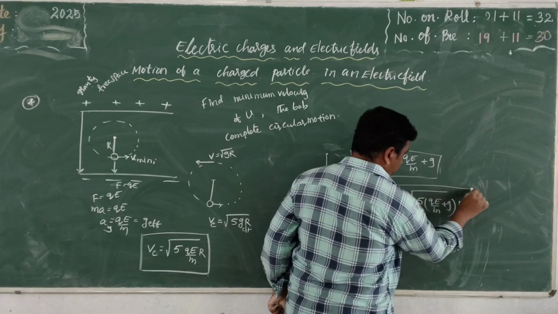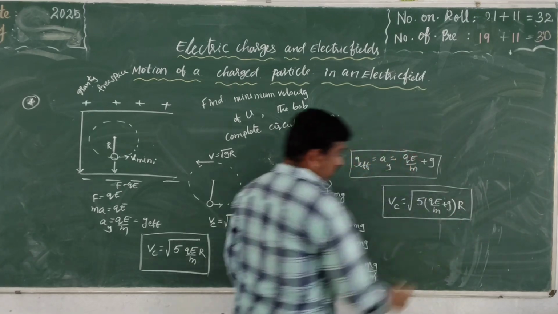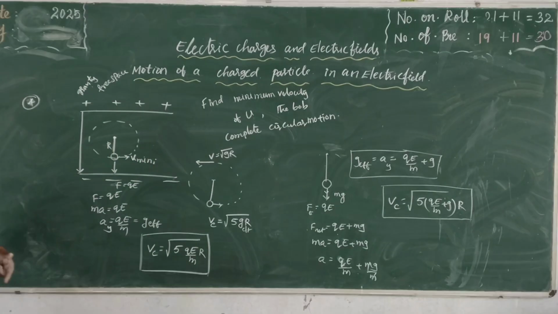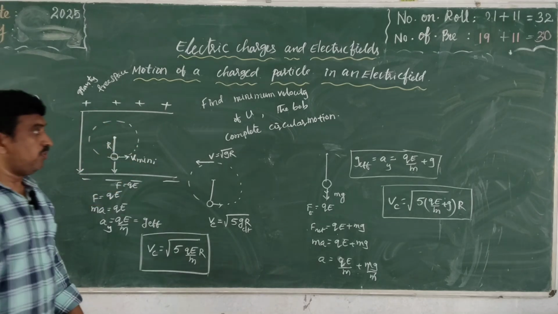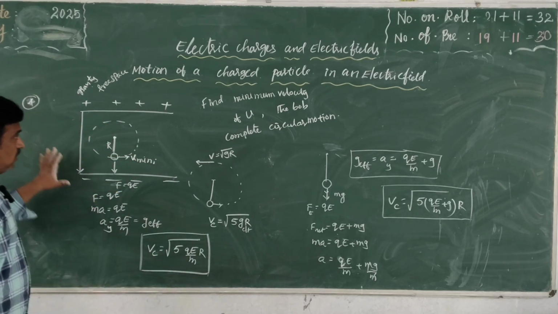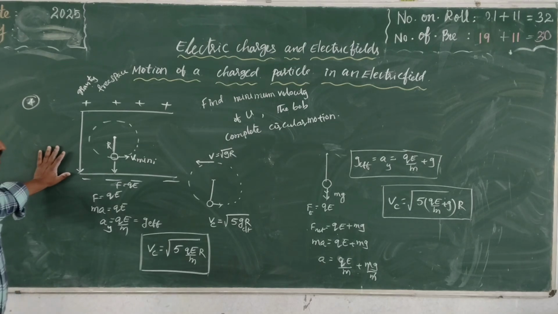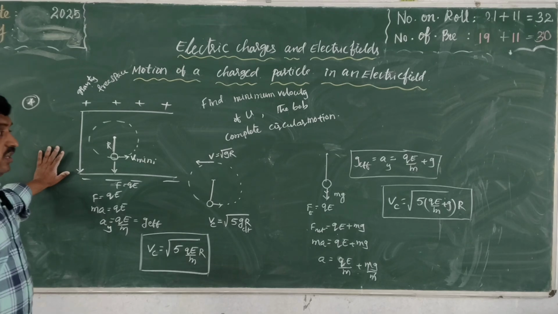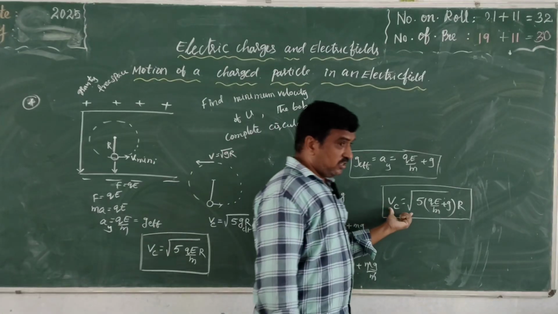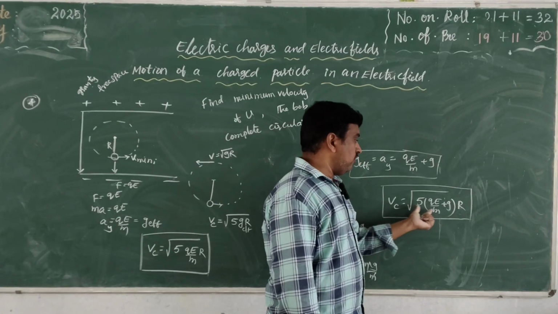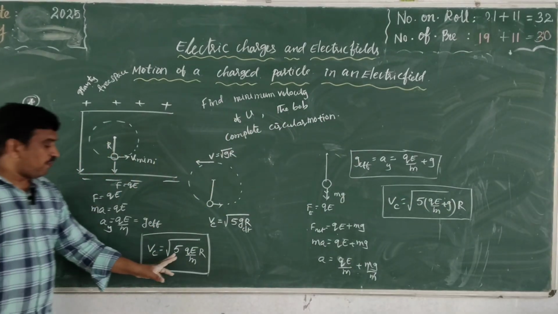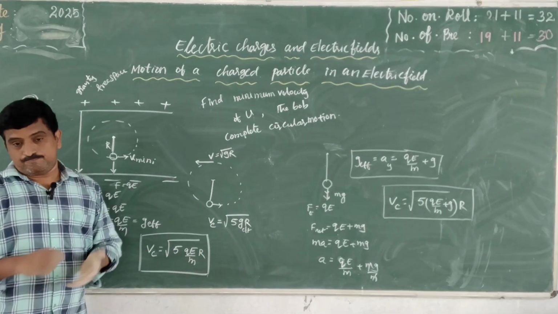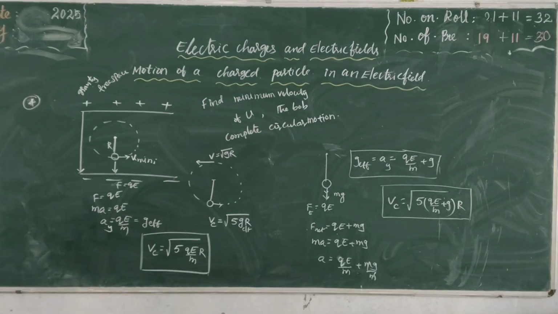This is the minimum initial velocity to supply to the bob to complete the circular motion. Understood now? This is the minimum initial velocity of the bob to complete circular motion in gravity space, equal to root of 5 times QE by m plus g into r. In gravity free space it is root of 5 QE by m into r. This is the solution.